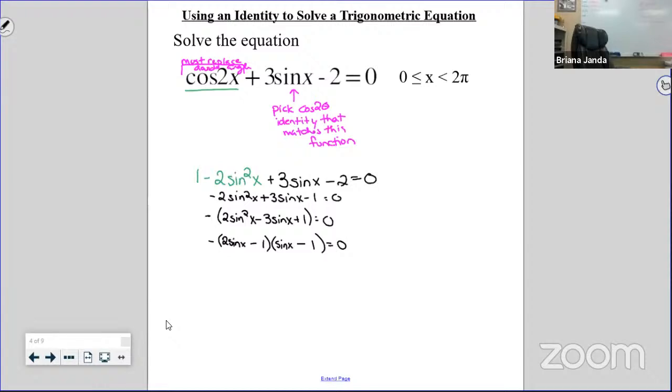You should be good. Set each of those equal to 0 to solve. Add 1, divide by 2.